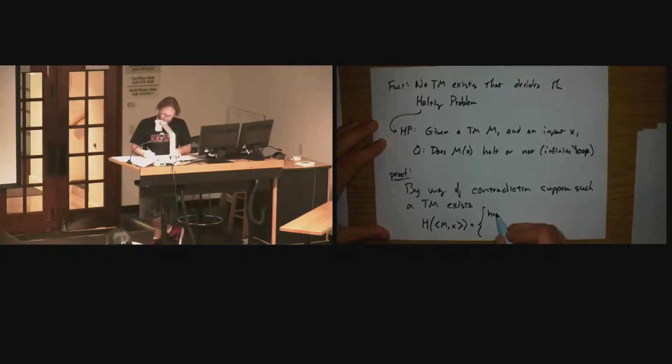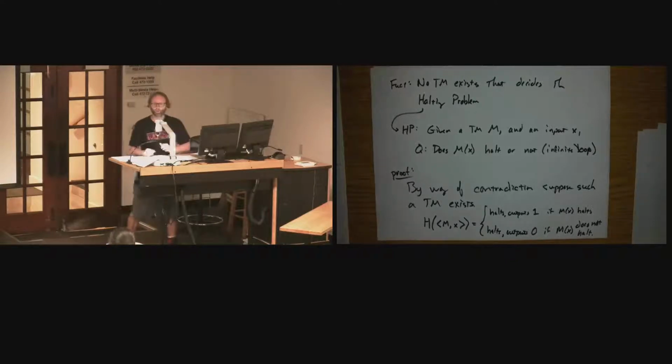It halts and outputs 1 or true, right? If M on X halts. It halts and outputs false. In other words, it rejects if M on X does not halt. Okay?